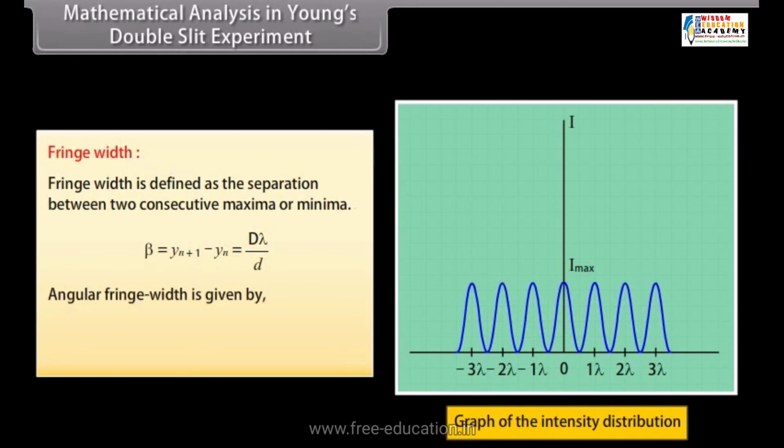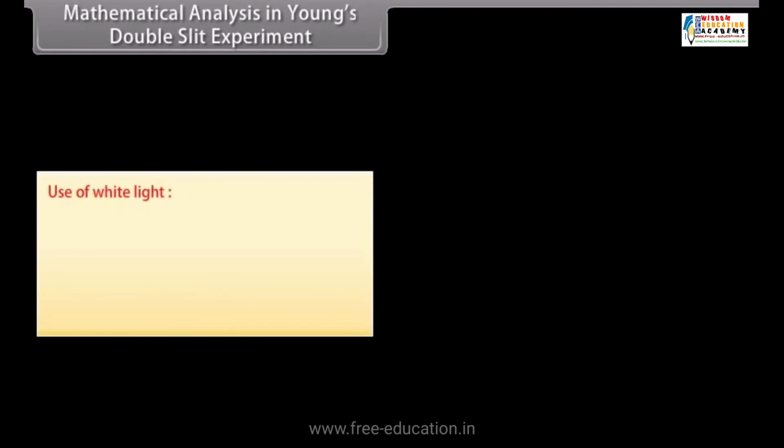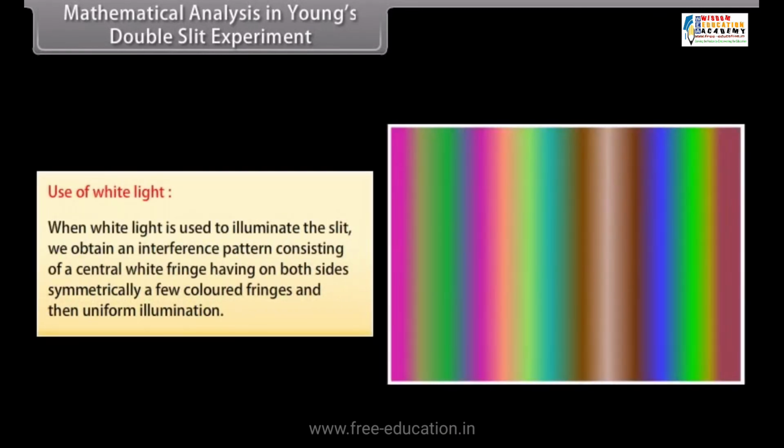Angular fringe width is given by beta upon D, which is equal to λ/d. Use of white light. When white light is used to illuminate the slit, we obtain an interference pattern consisting of a central white fringe having on both sides symmetrically a few colored fringes and then uniform illumination.